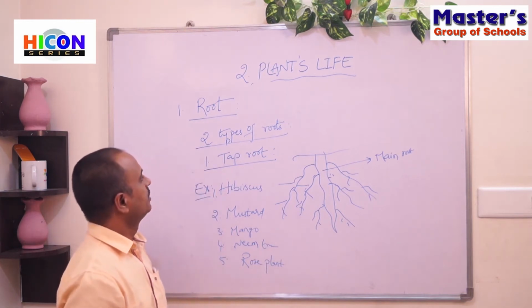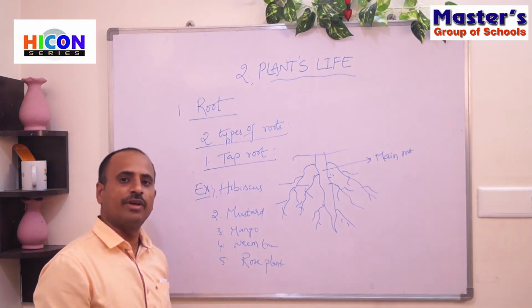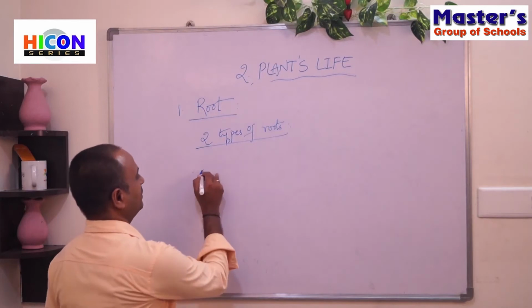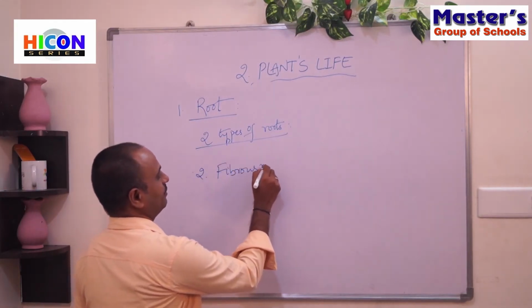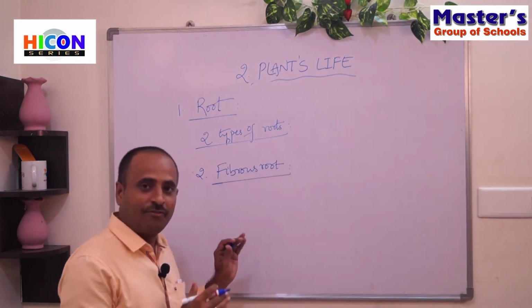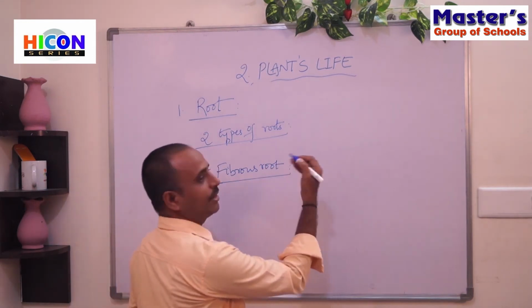So children, next we'll discuss the second type of root, that is fibrous root. Children, in fibrous roots there will be no main root, unlike in taproot.